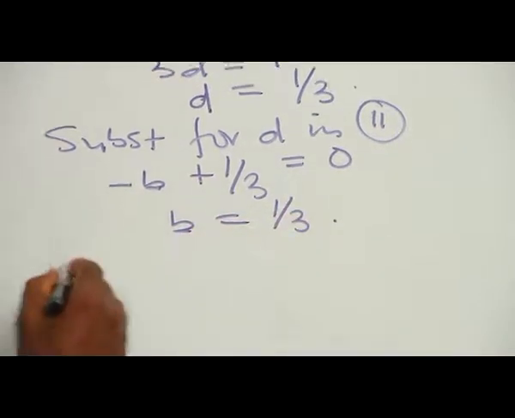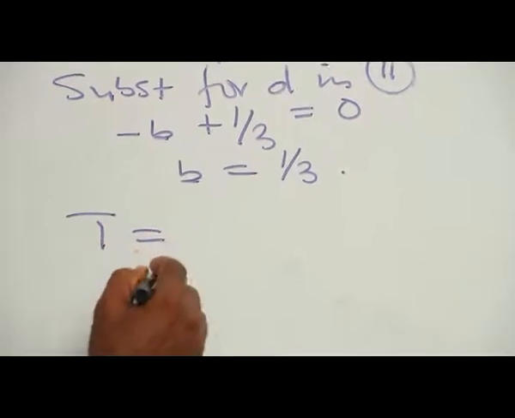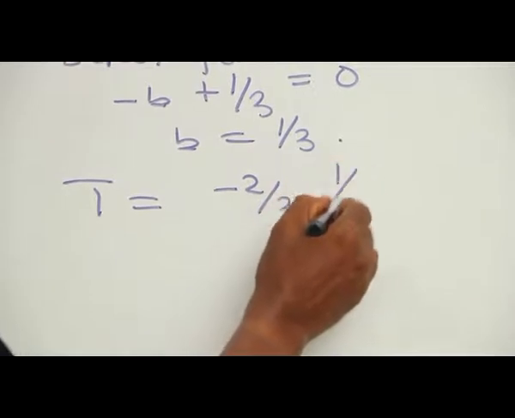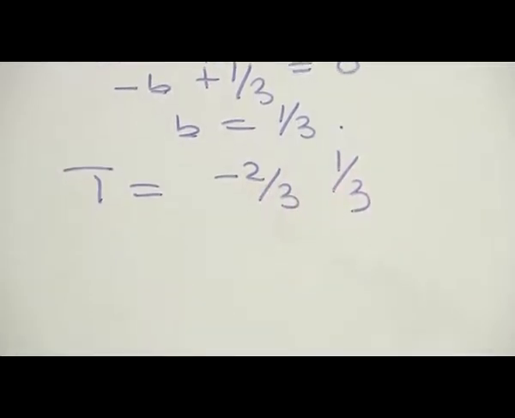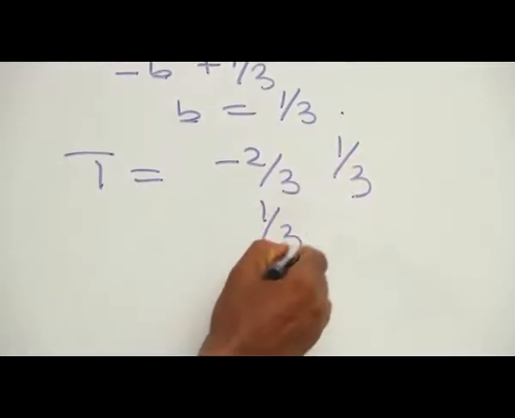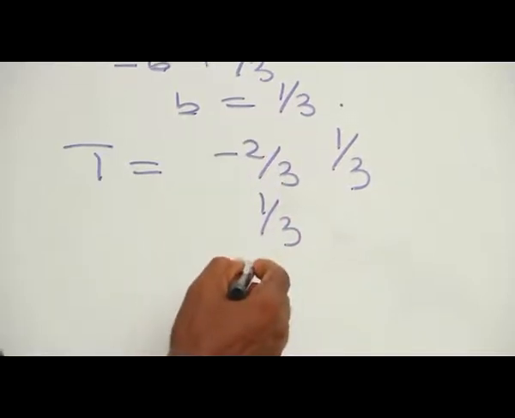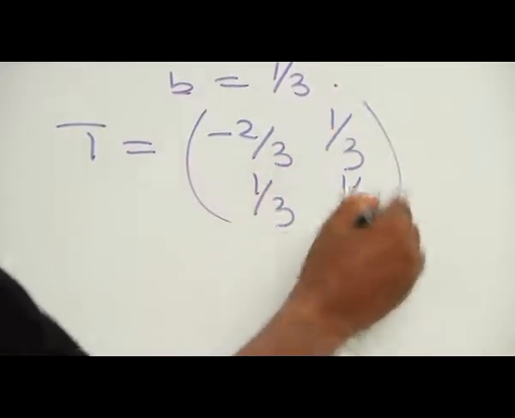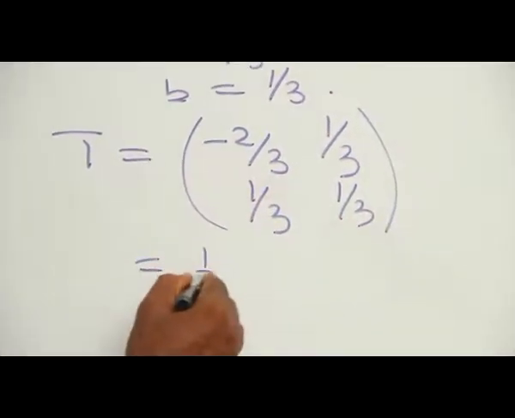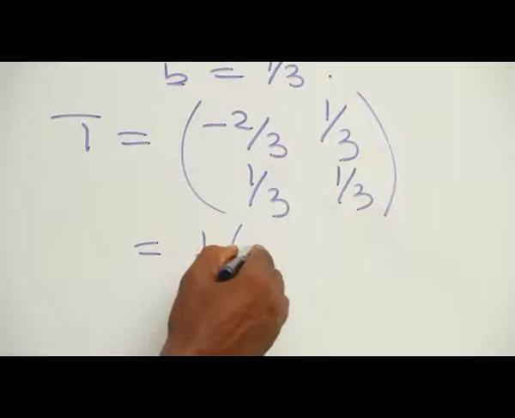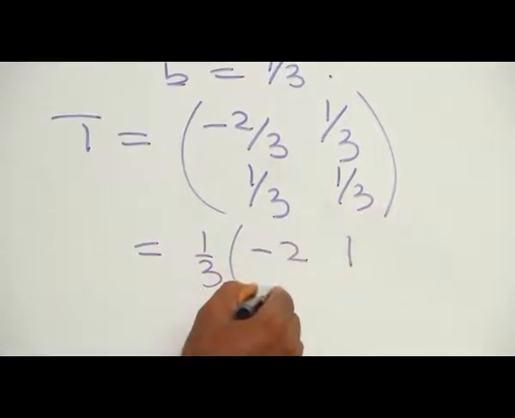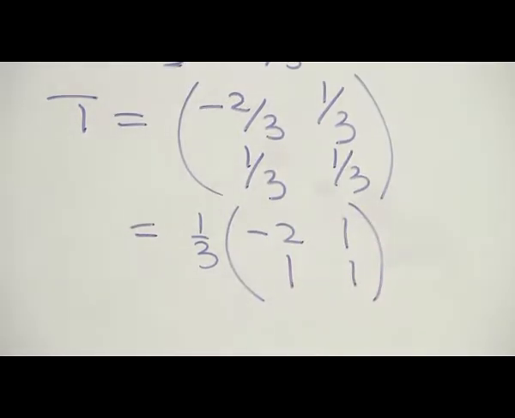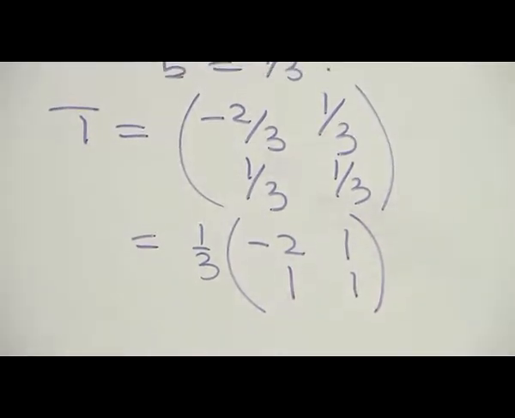So at the end, our T will be equal to A minus 2 over 3, B 1 over 3, and then C 1 over 3, and then we have D as 1 over 3. Actually, this can also be written as 1 over 3 into minus 2, 1, 1, and 1. Okay, that is done. That is the matrix T.